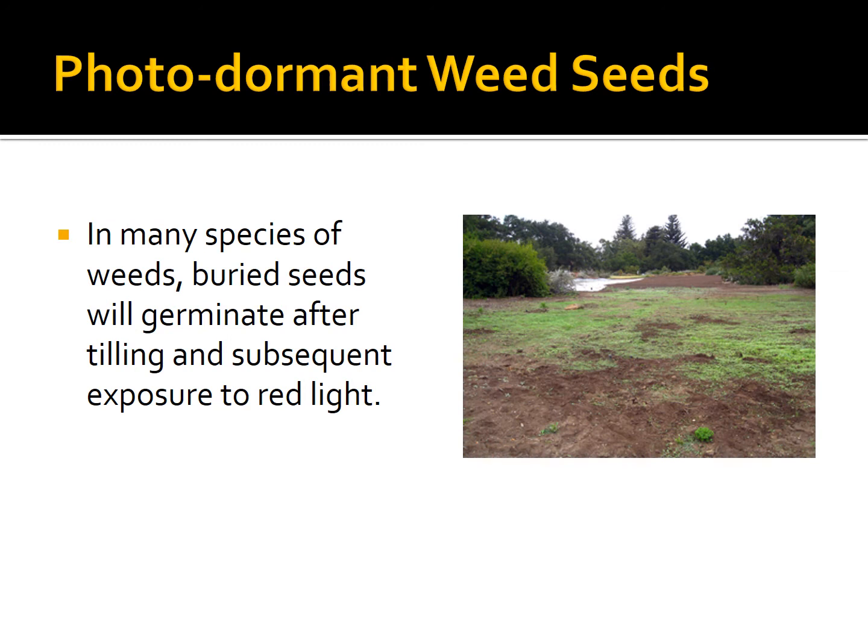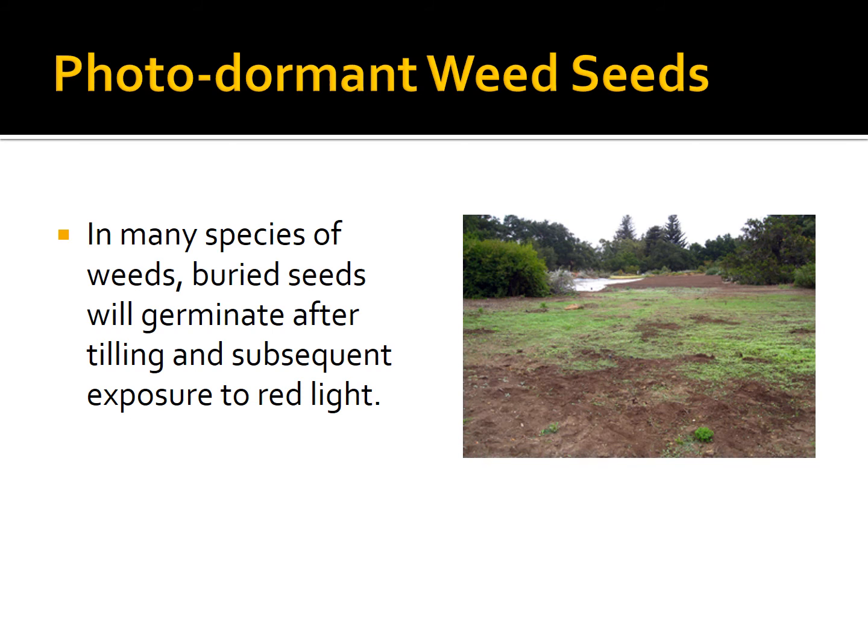Another example of seeds that require light for germination are photodormant weed seeds. Many species of weeds produce seeds, and those seeds can be buried in the ground and they can stay dormant for years just in the soil.